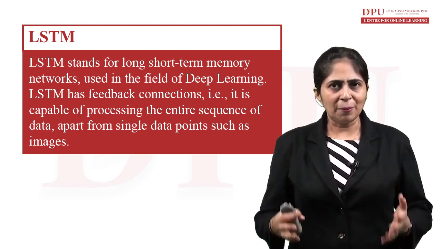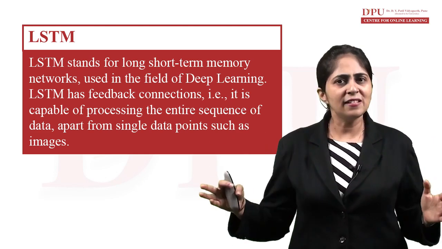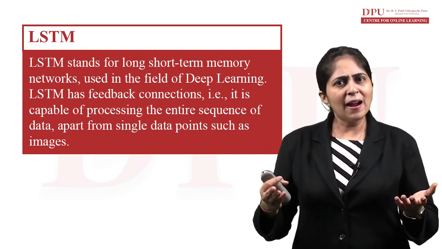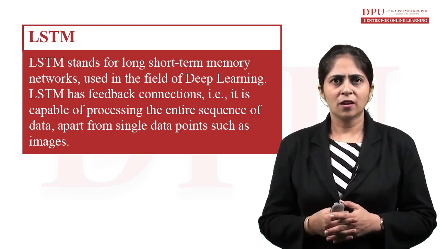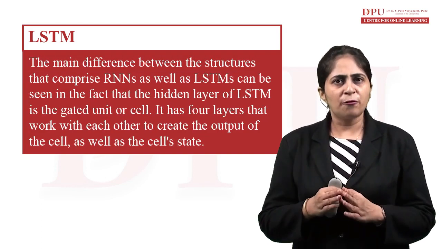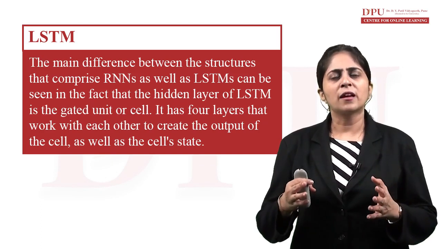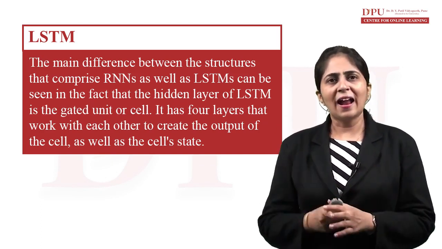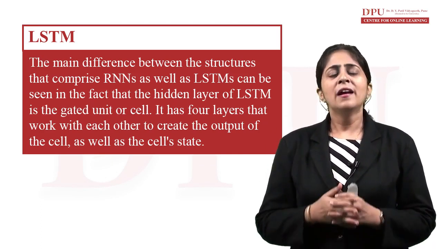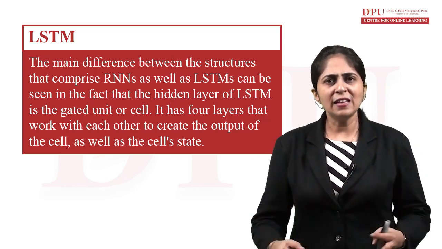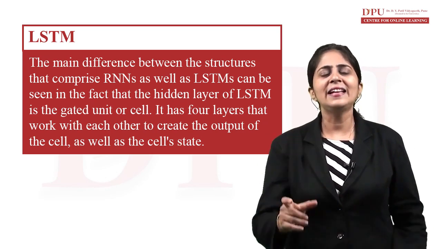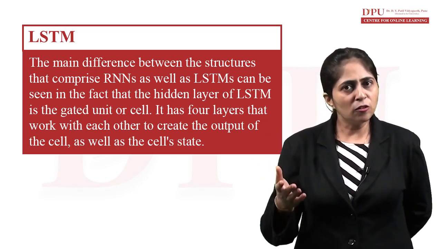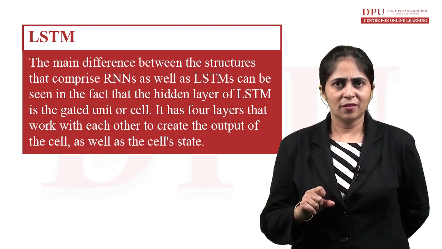That is, it is capable of processing the entire sequence of data, apart from single data points like images. The main difference between the structure of RNN and LSTM is that the hidden layer of LSTM is a gated unit, or we can call it a cell.